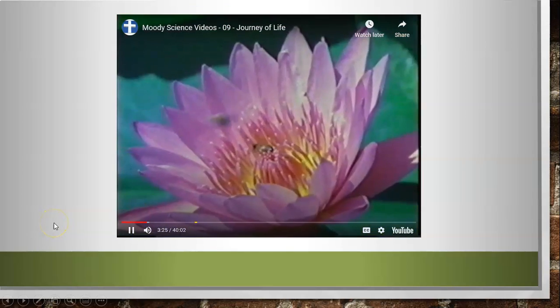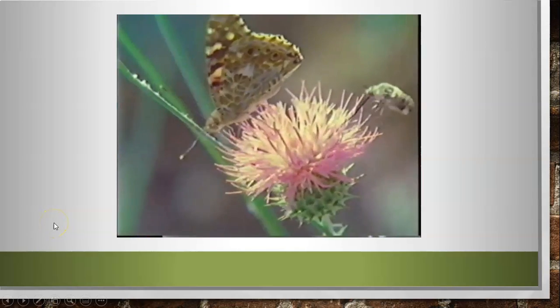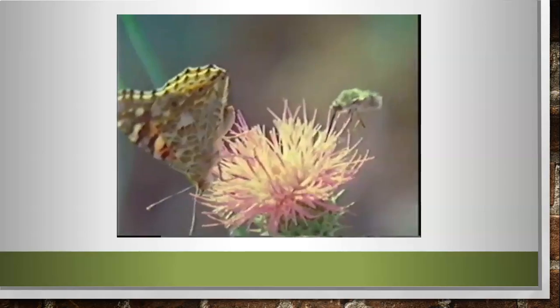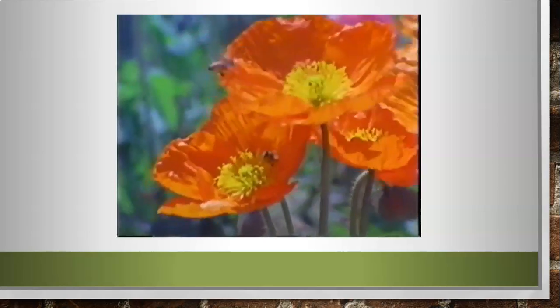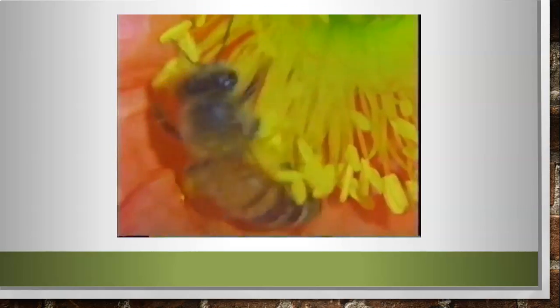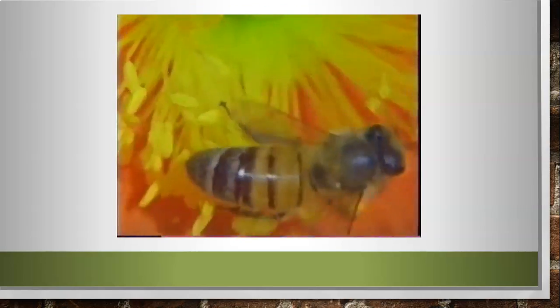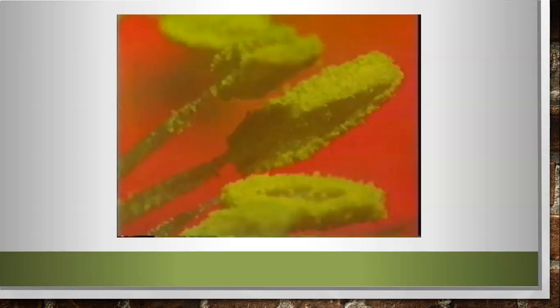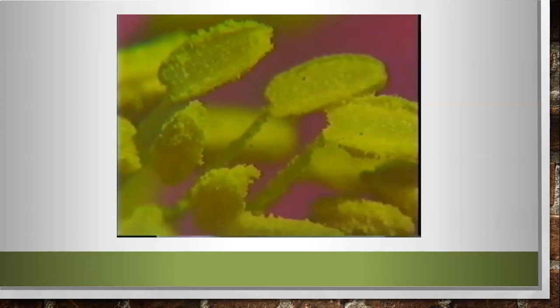If you remember this scene from our first video, looks like this. Right now, in a myriad of spots, preparations for departure are well underway. Each of the thousands of particles on the anthers of this poppy is a passport for the journey.